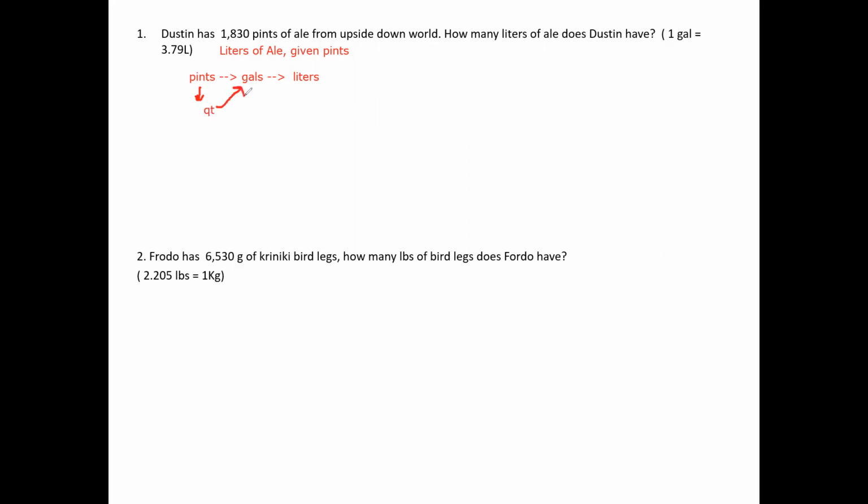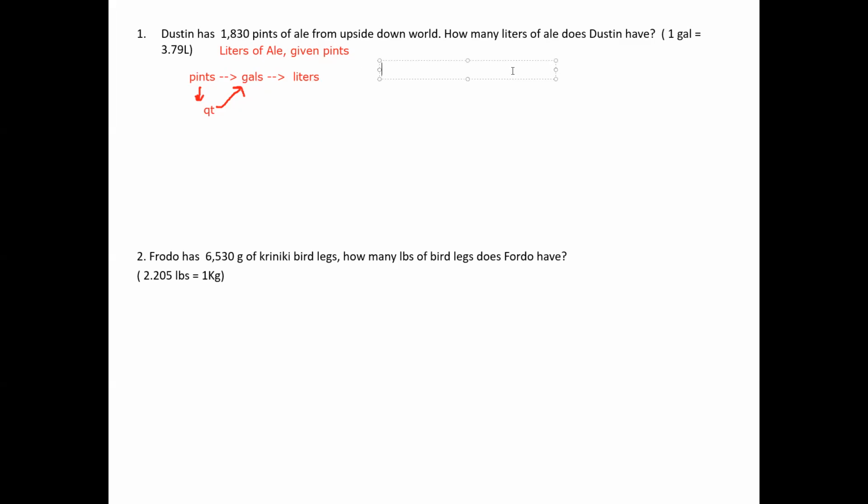So if you don't know how many pints are in a gallon, it's okay. We know how many pints in a quart, and then we can convert quarts into gallons because we know how many quarts there are in 1 gallon. So I'll do this second route because most people don't know how many pints are in a gallon. Then once we get the gallons, we can convert to liters. We have that conversion factor.